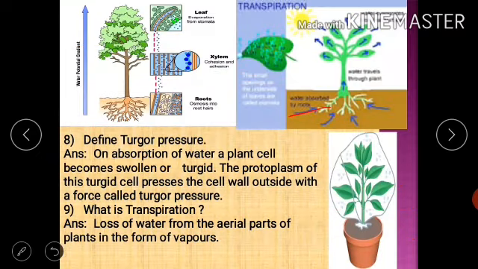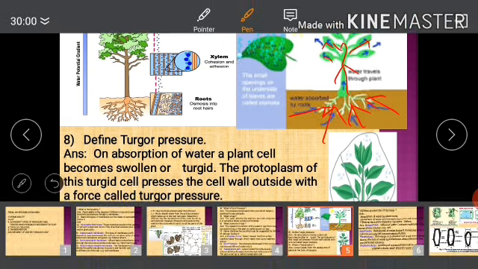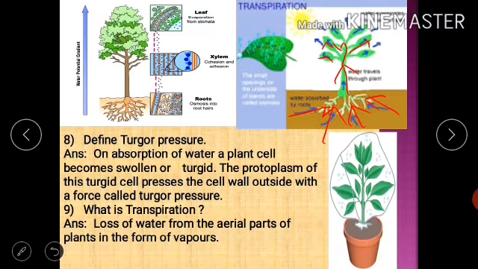Can you see from the root the water is drawn upward and it moves upward, and then in different directions it is equally distributed. This way the continuous flow of water to the top of the plant can also be caused due to the force that developed in the root.